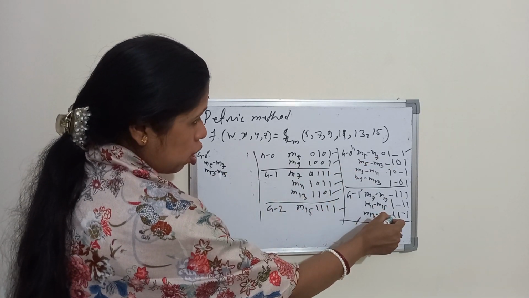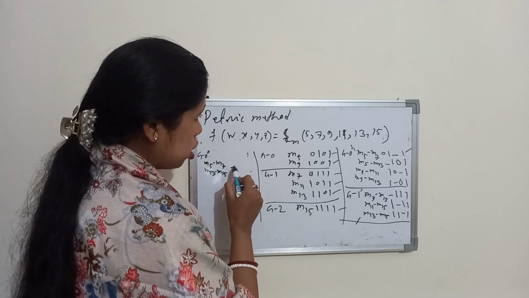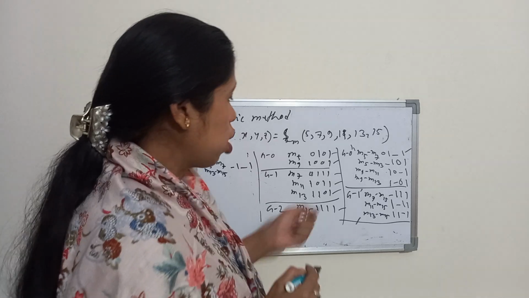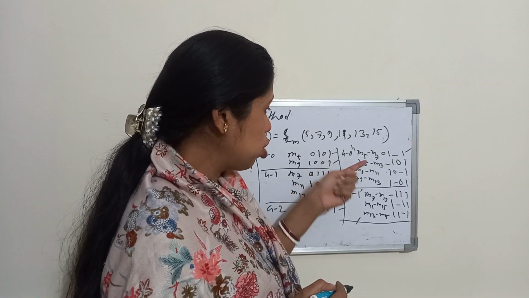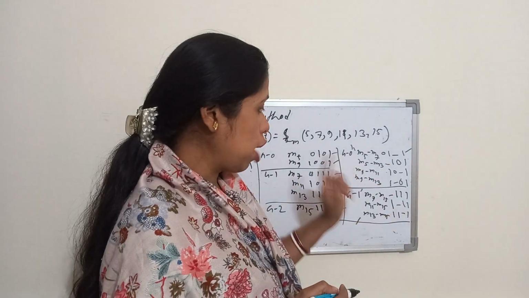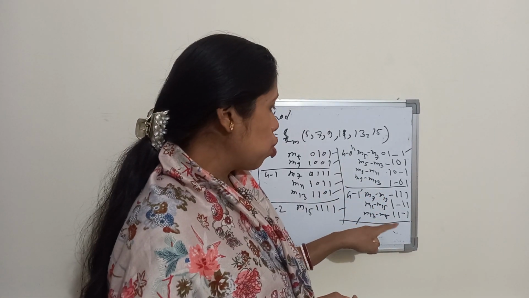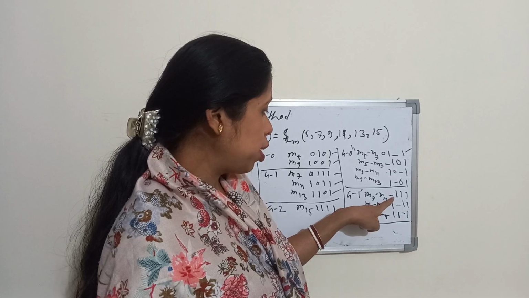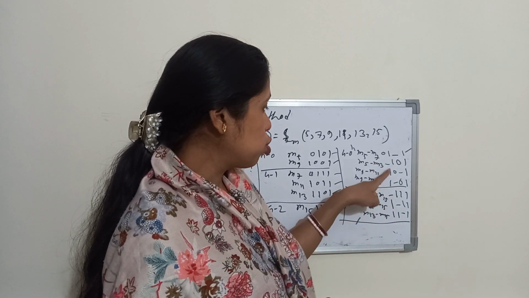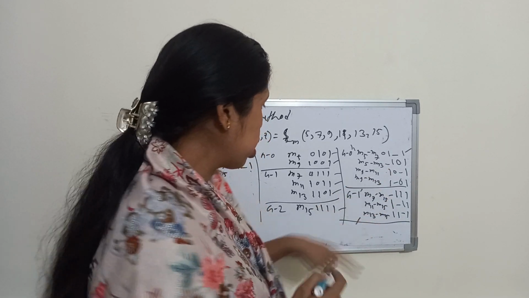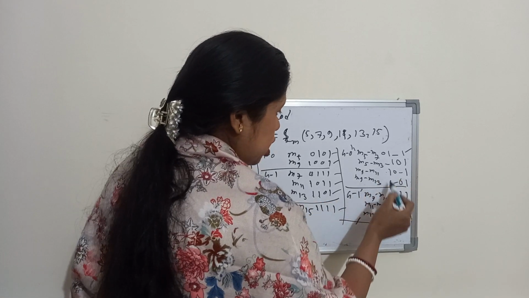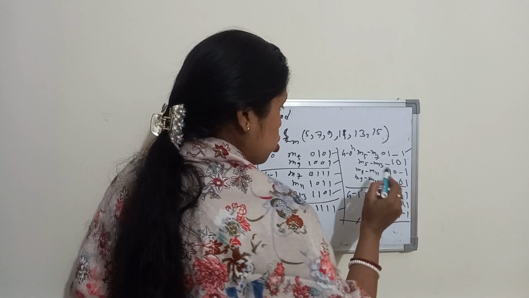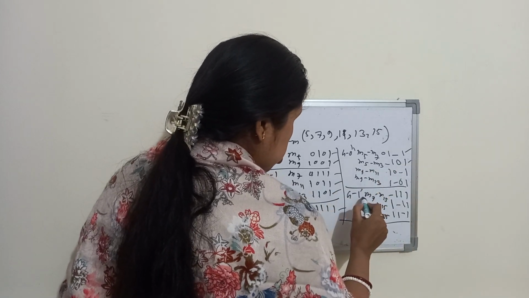What is the term? First bit is different, dash. All three bits are same. 1 dash 1. Now come to this one. In this one I can see the dash is in the first position. I will see in the next group where my dash position is located. Here my dash position is located, so this should be matched with this one. This dash remains same, this is same, this is different, and this remains same. So it is also matched with this one.